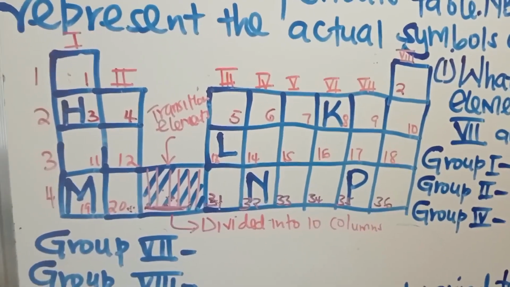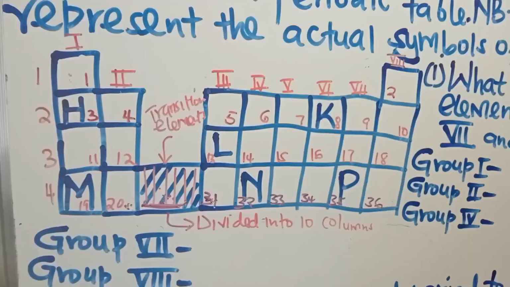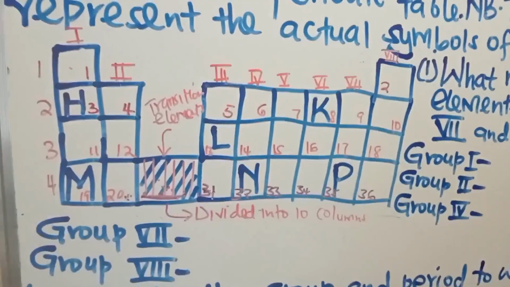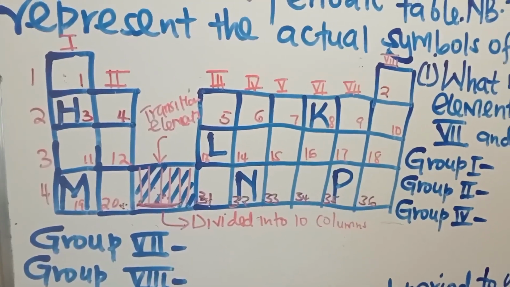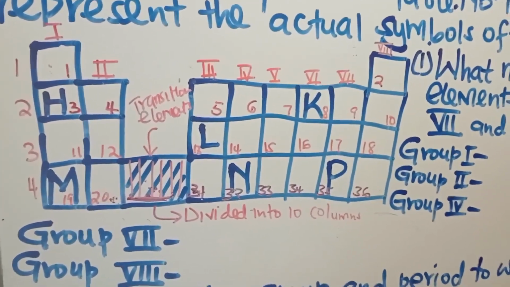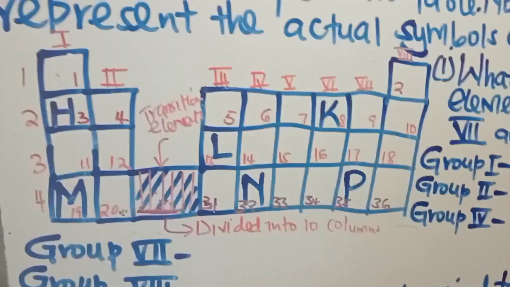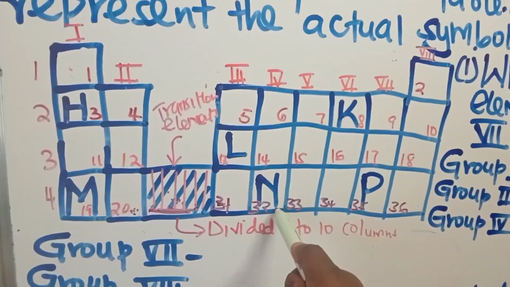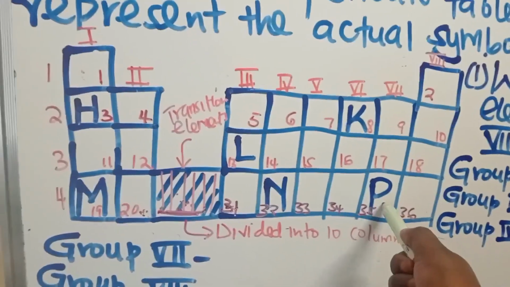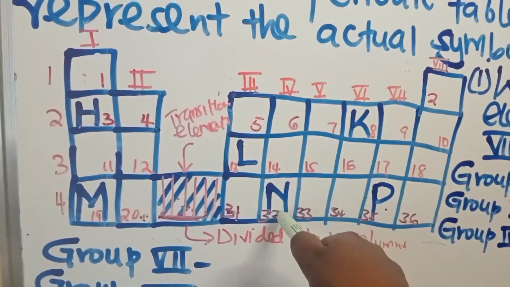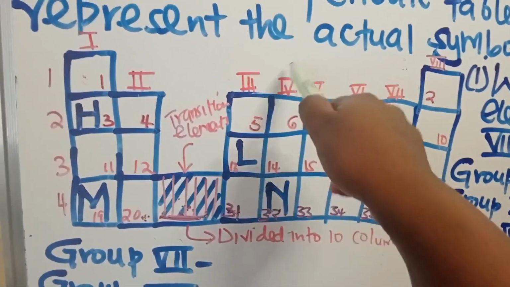But even though you won't be asked about them, something should be clear in your mind: the outermost energy level for each and every group has the same number. Even though we don't write the electronic arrangement for elements like N and P, they still share the same characteristics with the elements up here.